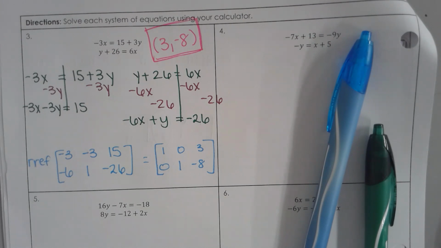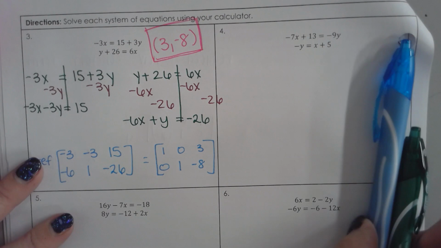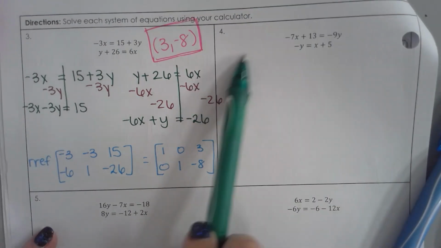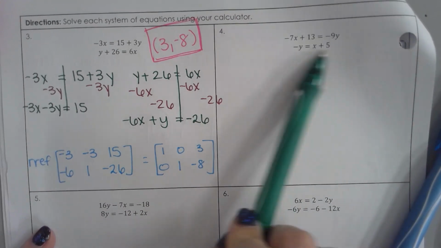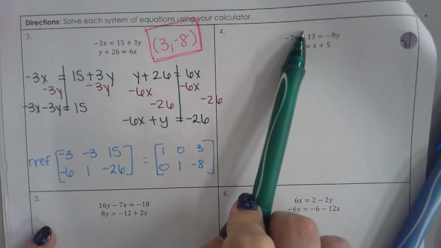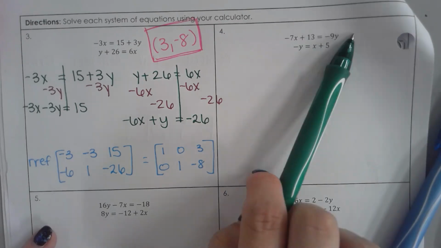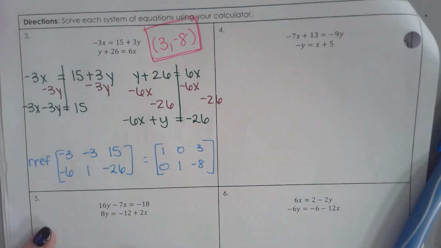Any questions? Number 4, the x is where it needs to be. The y needs to go across the equal sign, so it's going to be plus, so it's going to be a -13.